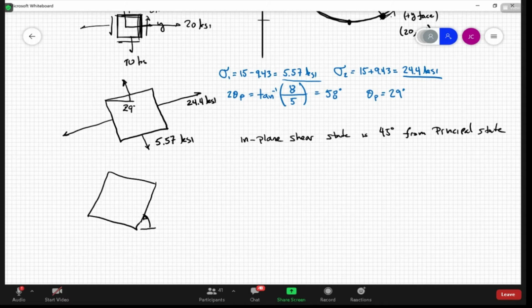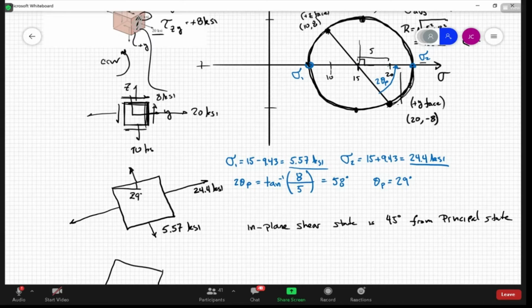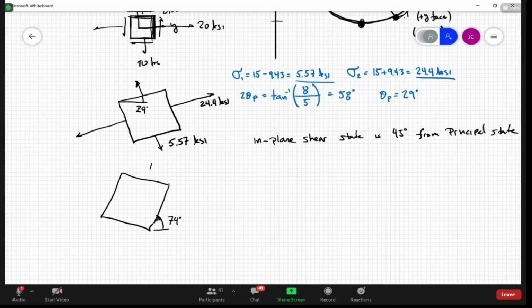So that brings us to, as I said before, 74 degrees. And we have this at this point and this point. We're going to have the same normal stress, which is the 15 KSI. It's positive.